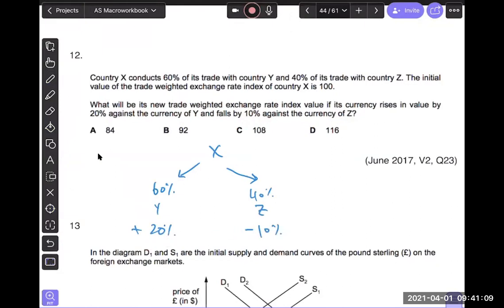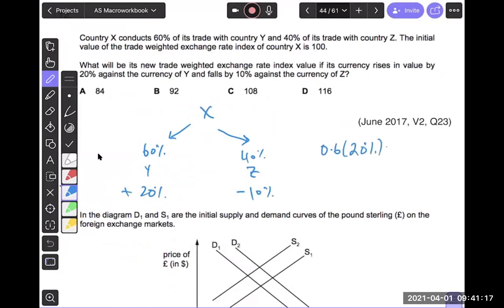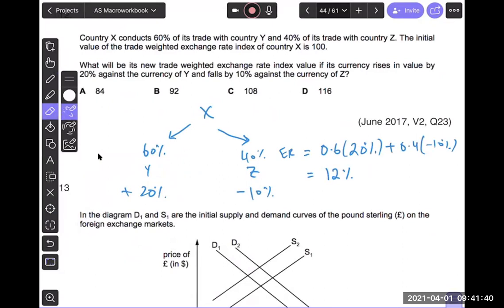So guys, how do we find this? Remember, this is the trade weighted exchange rate. So I'm going to do 0.6 times 20% plus 0.4 times minus 10%. So 0.6 times 20% is 12%, plus 0.4 times minus 10% is minus 4%, which becomes 12 minus 4, which is 8%.